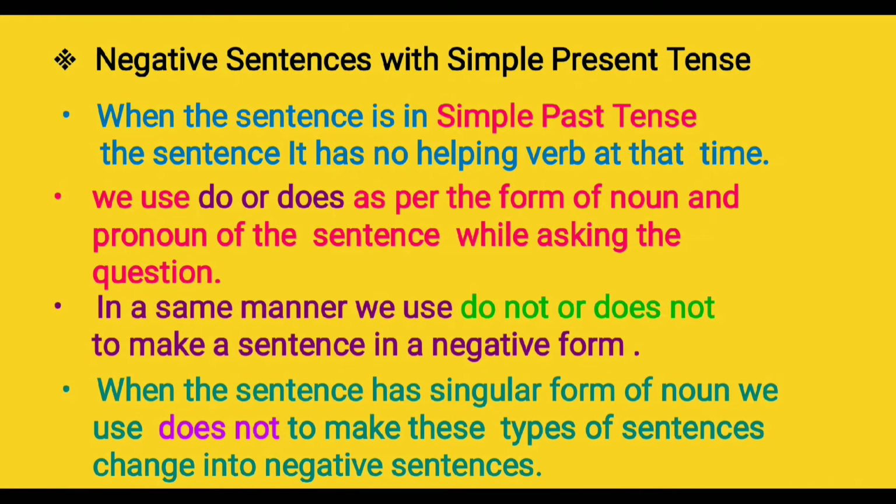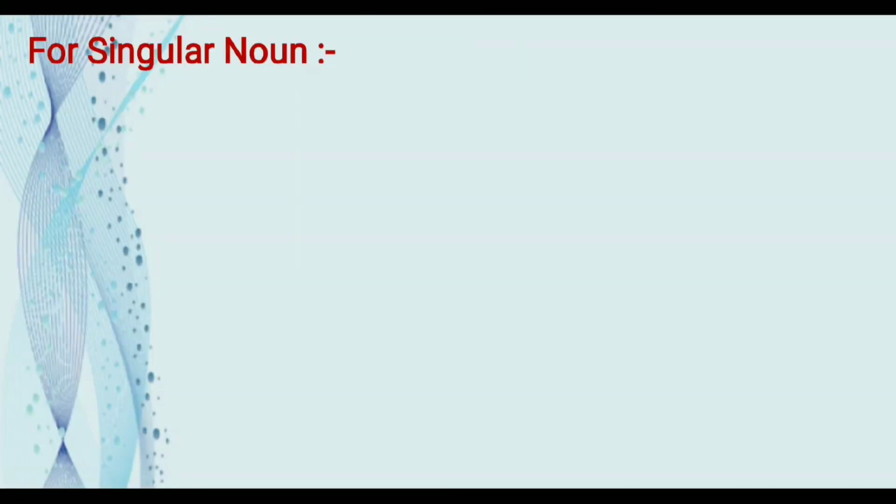Now we'll learn about the singular. If in a sentence there is a singular noun or pronoun, how can we make a negative sentence? When the sentence has a singular noun, we use does not. So let's see the formation of the singular noun in the simple present tense.